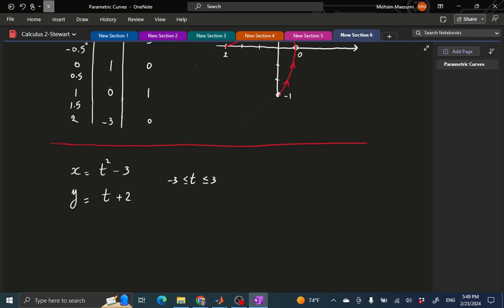So the question is, what's the picture? The way the question is typically worded is, they say eliminate t and find a Cartesian equation.